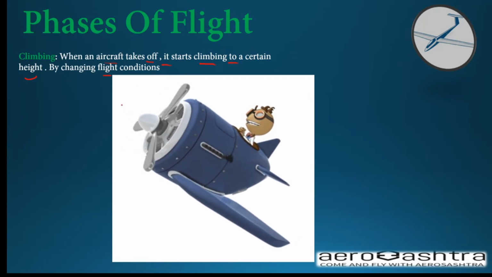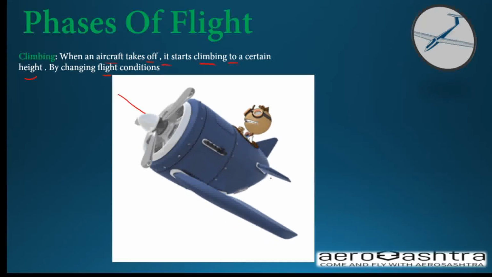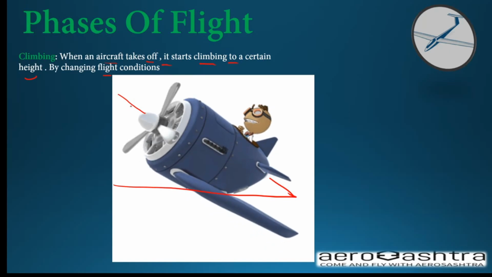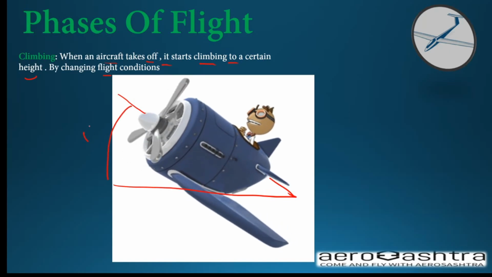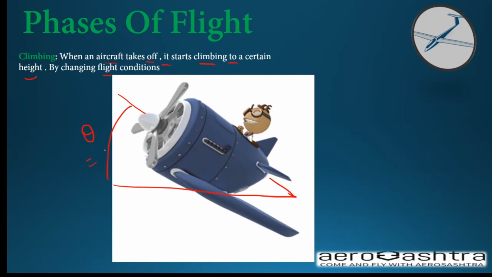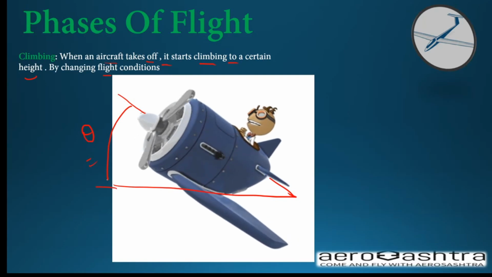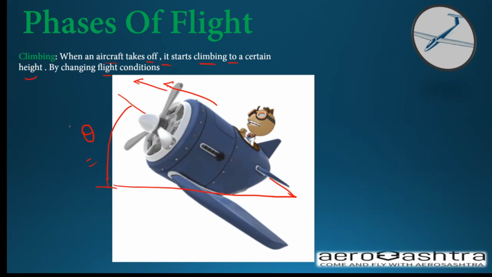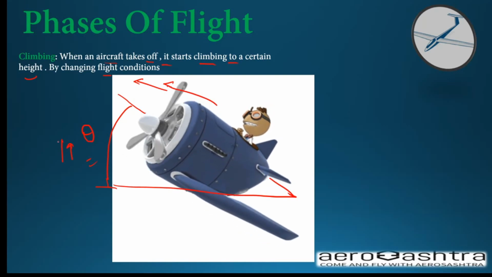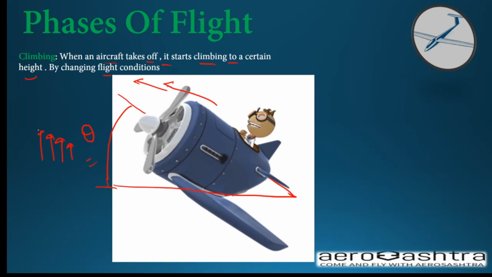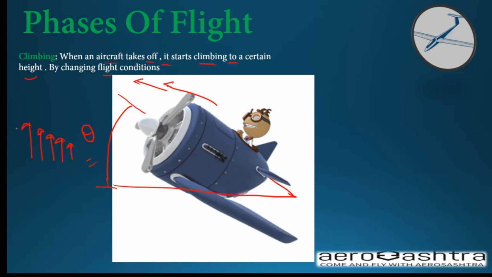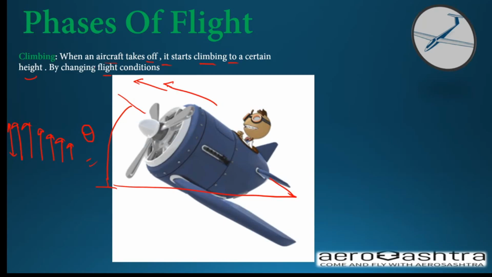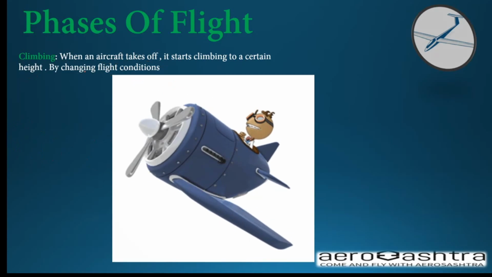Here you can see it is climbing like this. Basically this aircraft is maintaining some angle theta. If you maintain some angle theta, you will go forward and your height will increase, and after some time the height will be constant in the next phase.